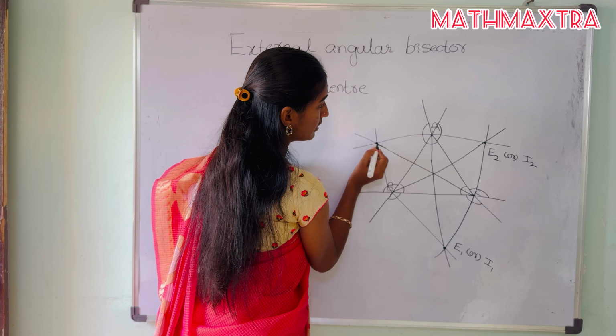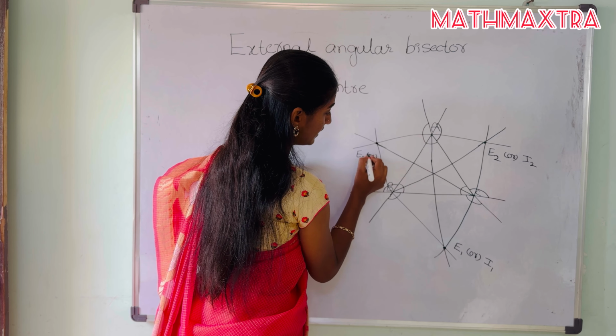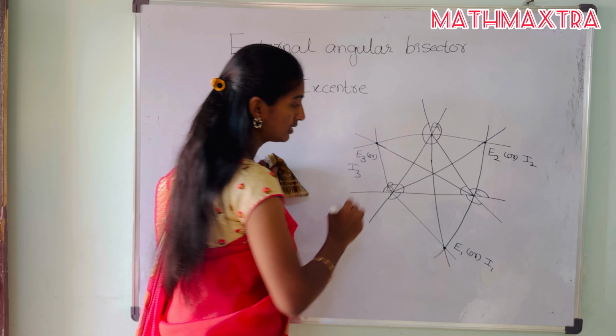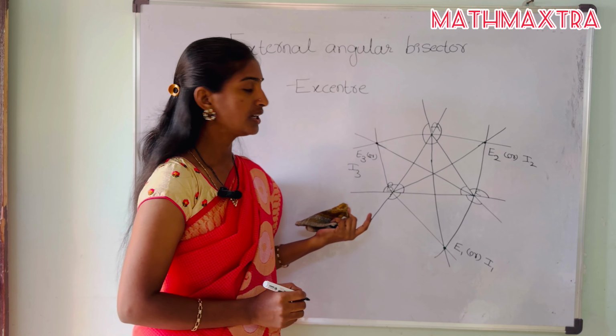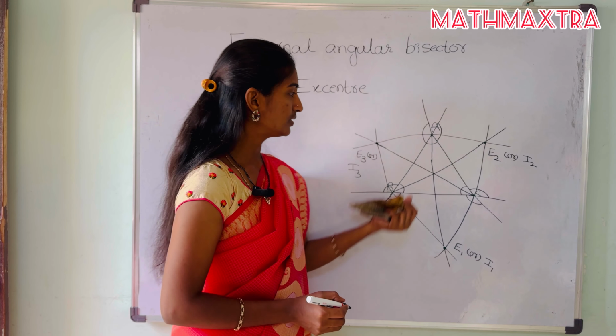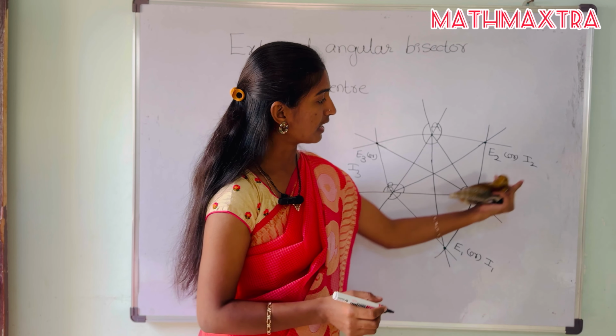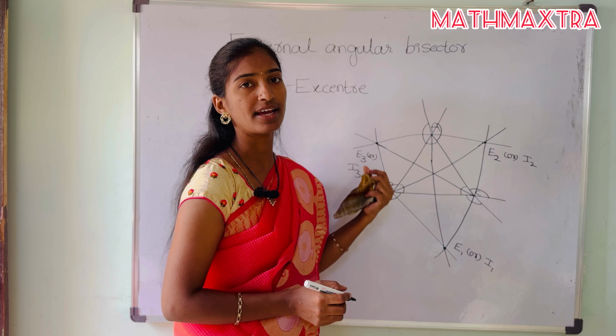So this point of concurrency we call one more excentre, E3 or I3. So how many excentres are formed? There are three excentres possible. Okay. So this is our triangle ABC and these three are excentres of this triangle.